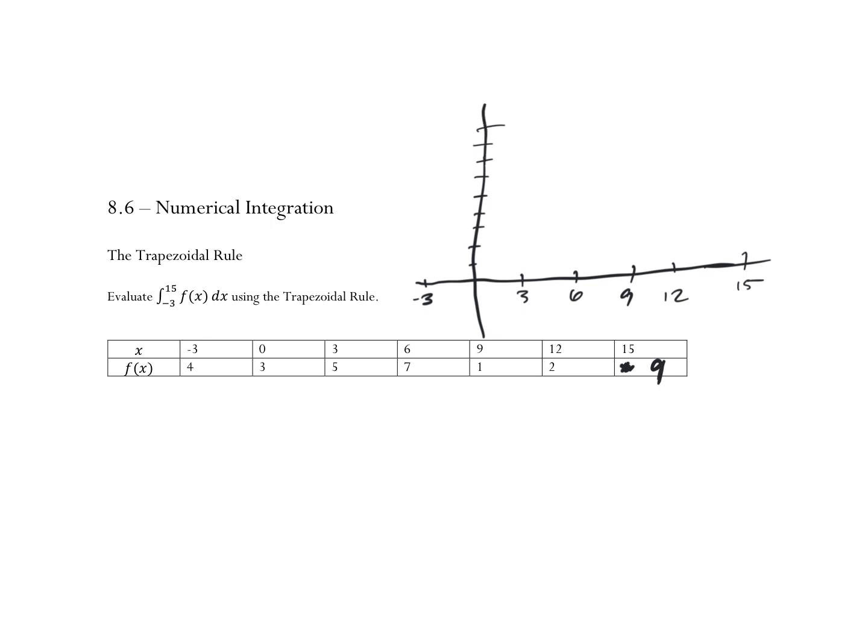So if f of -3 is 4, I can plot the point -3, 4. And then 0, 3. And then 3, 5. And so on.